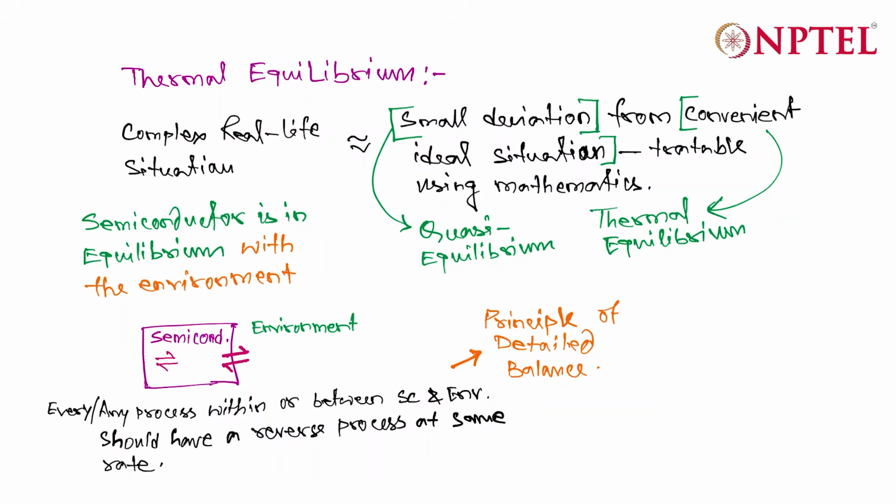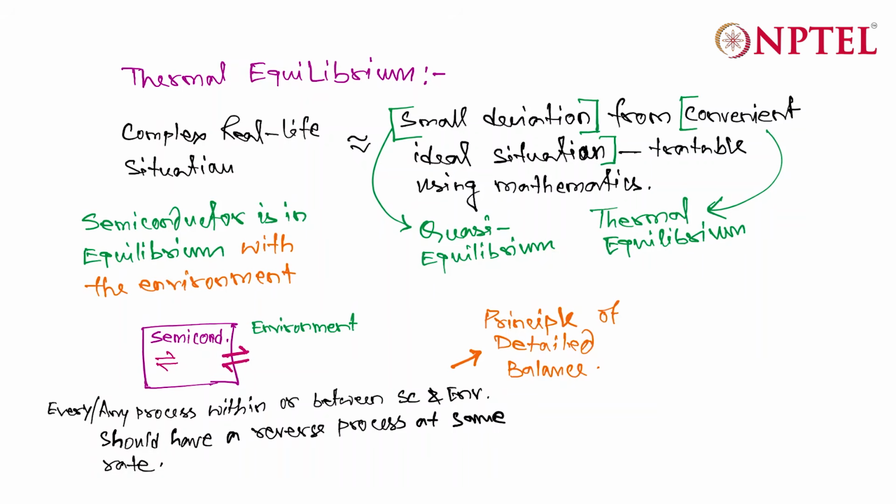That is how you generally communicate with someone when you are telling them the exact location. This is similar to that. You go to a landmark, an idealized situation, and then you consider a small deviation from it. This helps in solving complex problems.